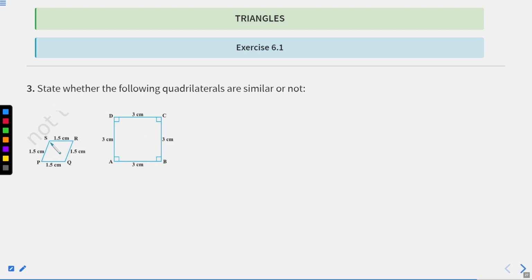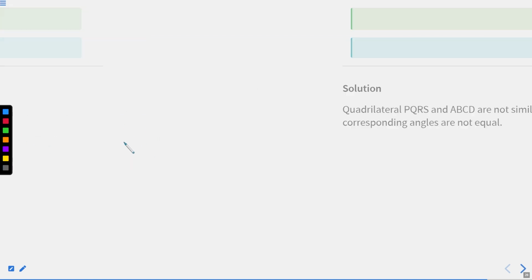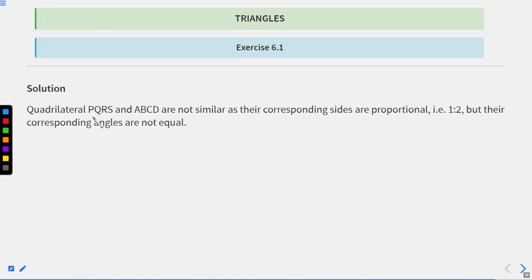But their corresponding angles are not equal. So these two figures are not similar. Quadrilaterals PQRS and ABCD are not similar as their corresponding sides are proportional, that is 1:2, but their corresponding angles are not equal. So they are not similar.